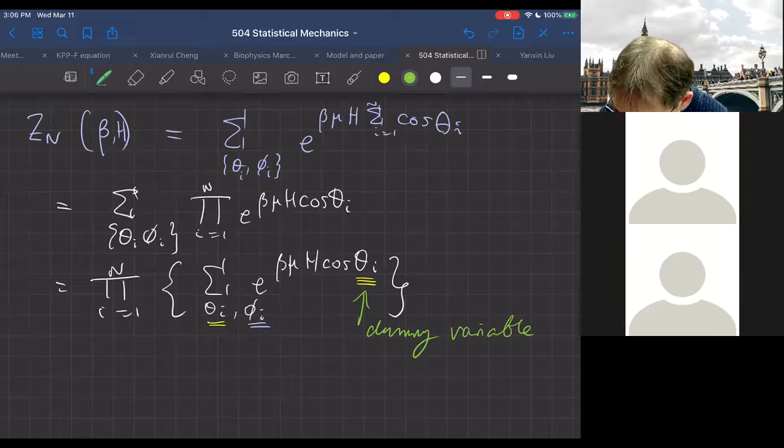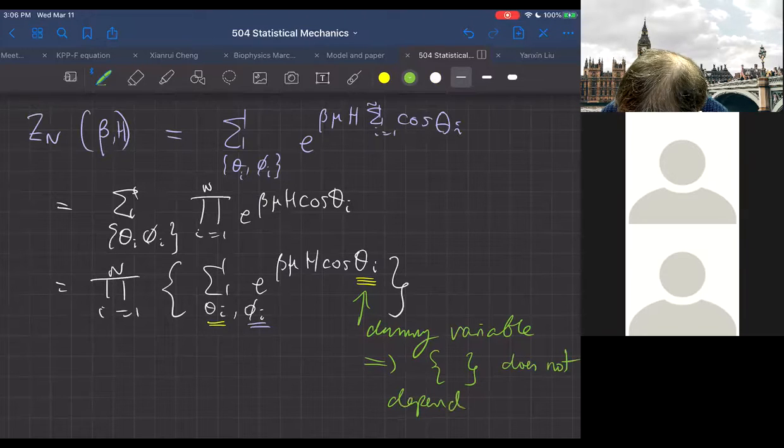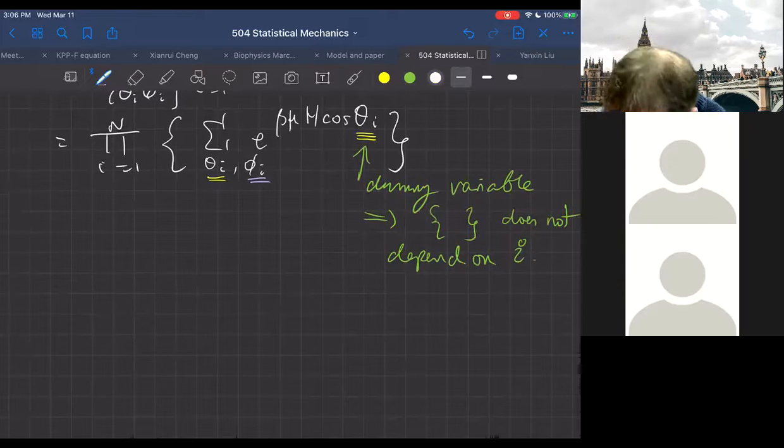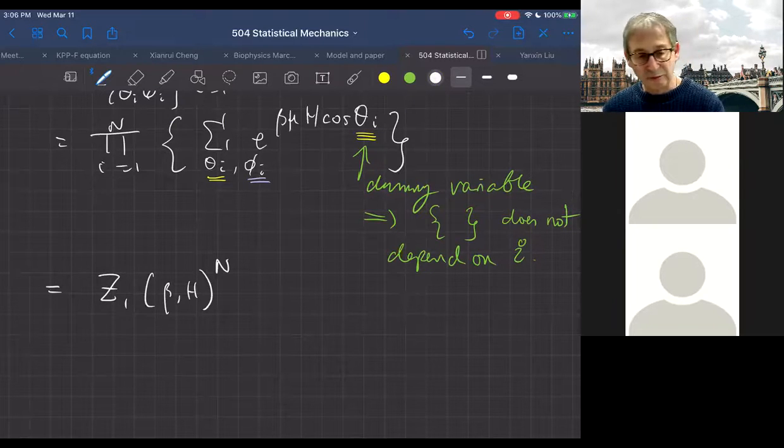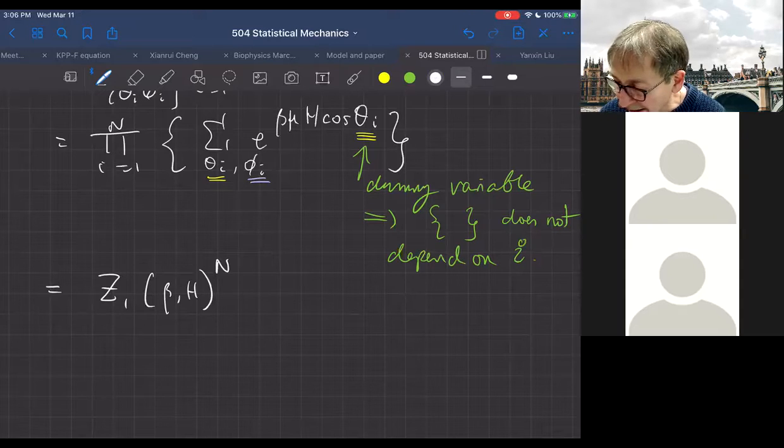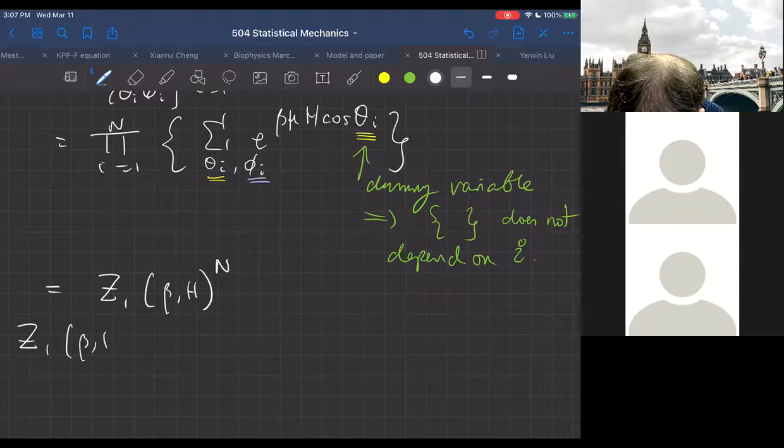And so what that means is that what is in the curly brackets does not depend on I. And if it doesn't depend on I, then this whole thing factorizes. So then this thing is equal to the partition function for one spin just raised to the nth power. And so the factorization is the expression of the fact that this is an ideal system. And so now what we have to do is calculate the partition function for one spin.